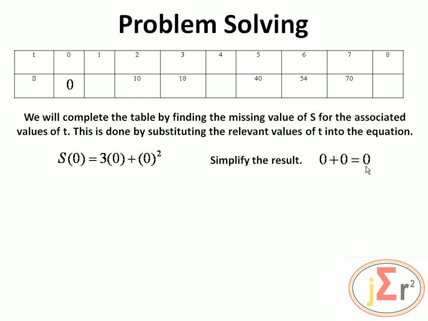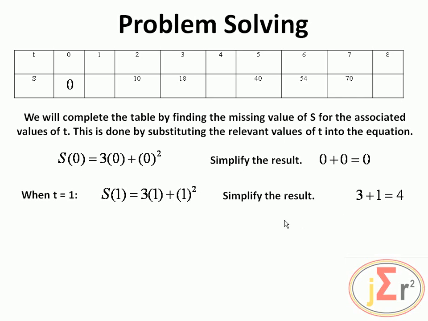And that is inserted right there in its rightful place. When t is equal to 1, 3 times 1 plus 1 squared, and 3 times 1 is 3. 1 squared is 1. So we are going to have 3 plus 1 is equal to 4, and that will take its place right there.